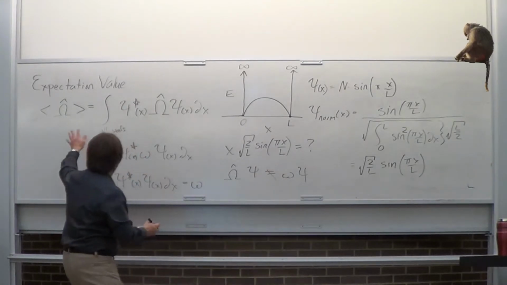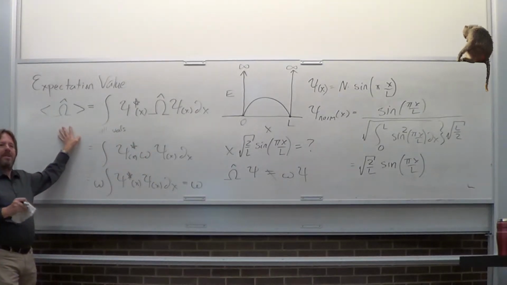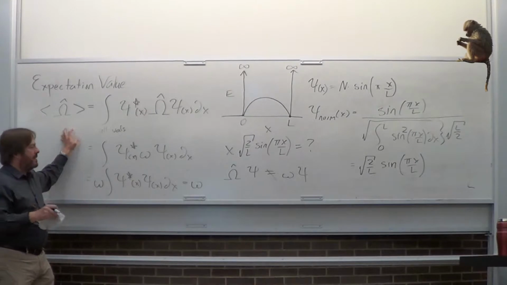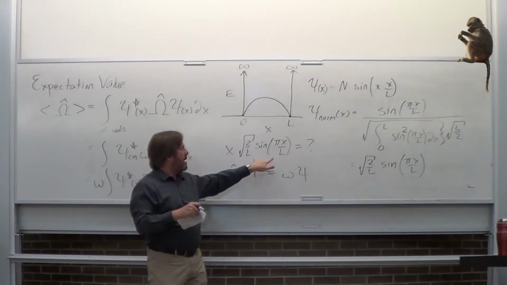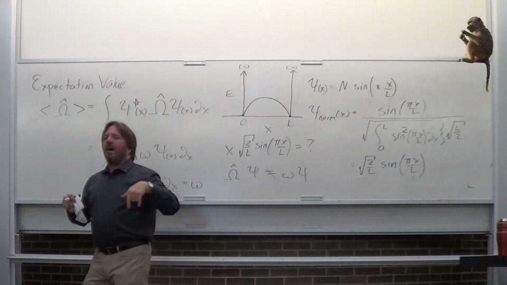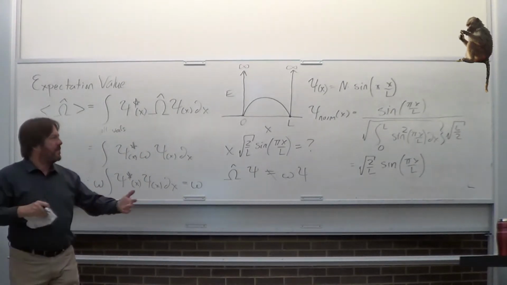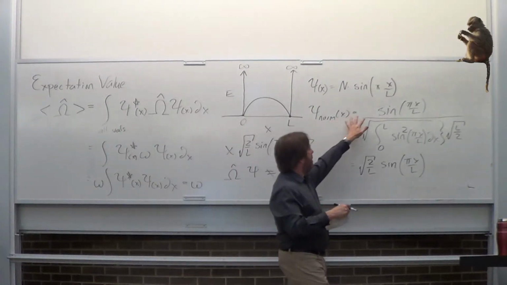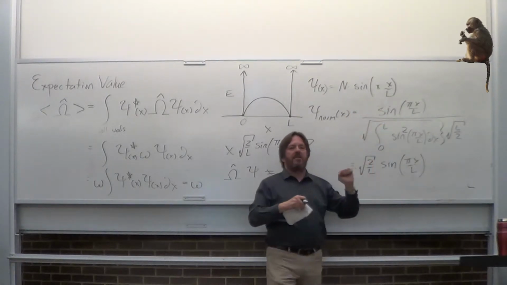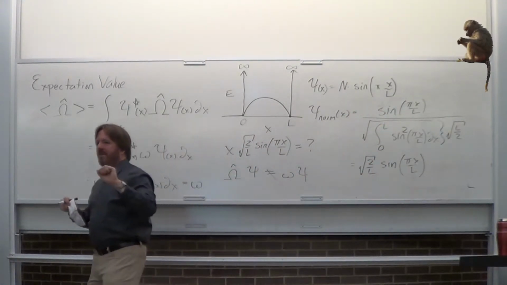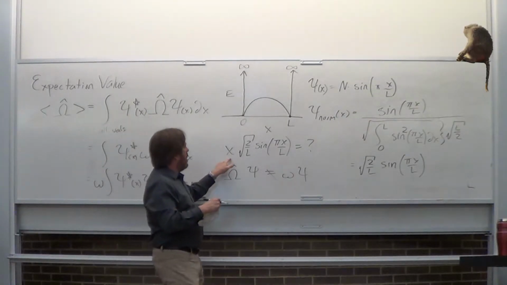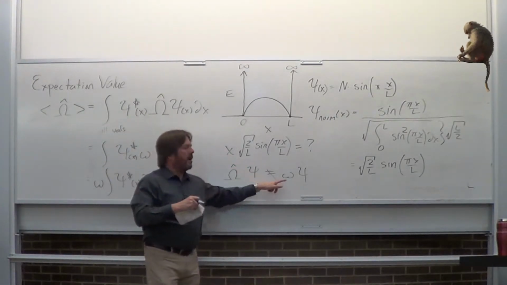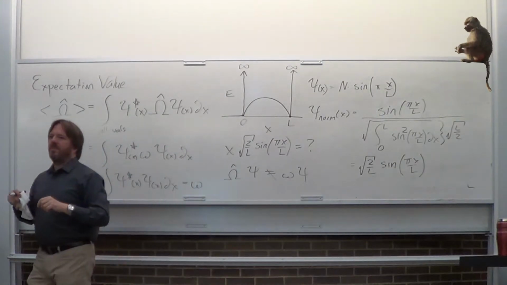Well, the answer is you do expectation values. But the bigger picture here is that now you've seen 2 examples of having wave functions of Hamiltonians. This is the correct wave function of the energy operator. But then I use a different operator and it's not the right eigenfunction.